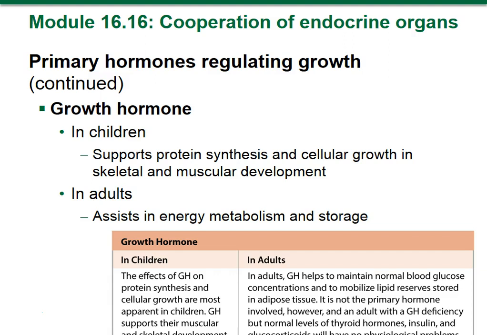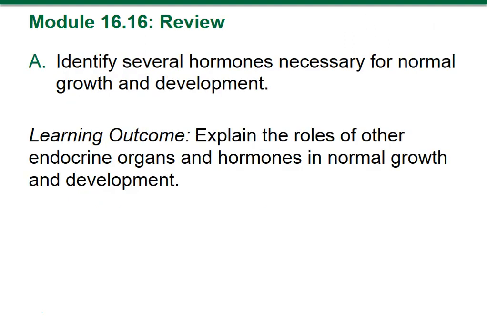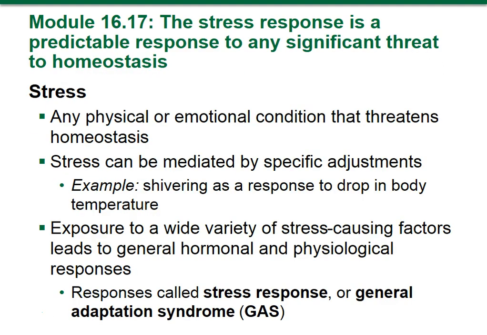Specifically in adults, growth hormone maintains normal blood glucose concentrations and mobilizes lipid reserves that are stored. So do remember that system of integration with blood pressure. You're going to see a few questions about that on the exam.